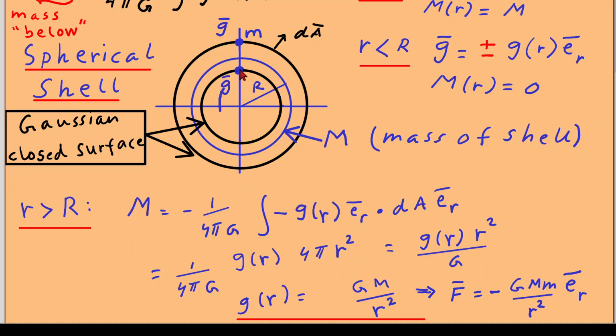So again, I don't know exactly, for those interactions maybe it's upwards, but for the interactions with all the mass inside, maybe downwards. But I know one thing, whatever the gravitational field is here, it will be the same in all these points because of the symmetry of the problem.